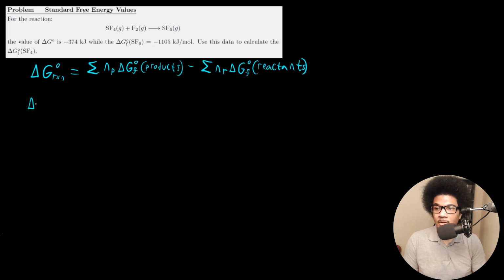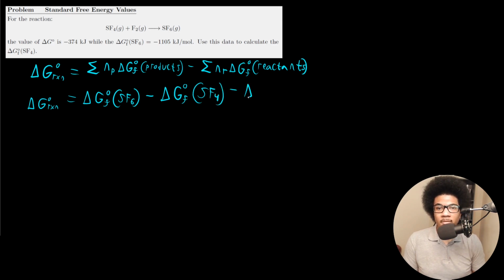But for this one, we could say that the free energy for this reaction is going to be equal to the free energy of formation for SF6, minus, because it's the only product, the free energy of formation for SF4, minus the free energy of formation for F2.